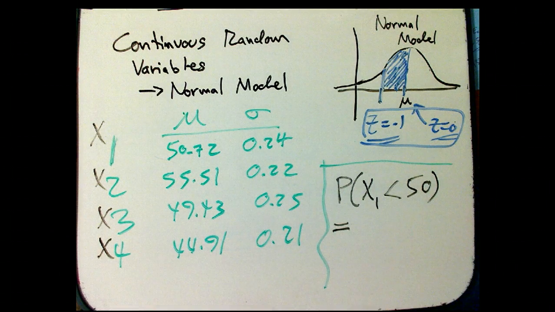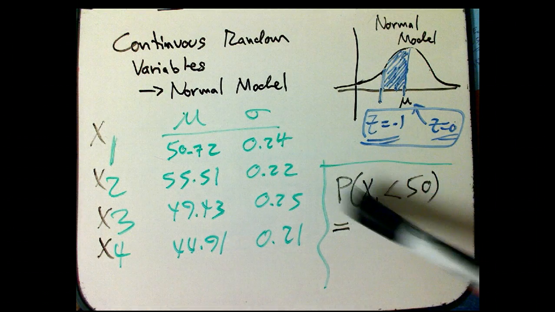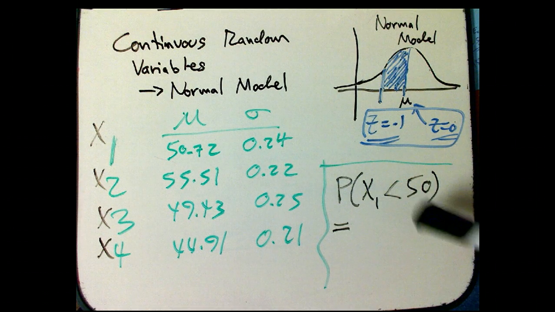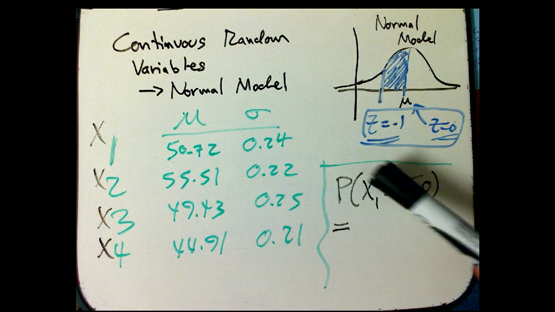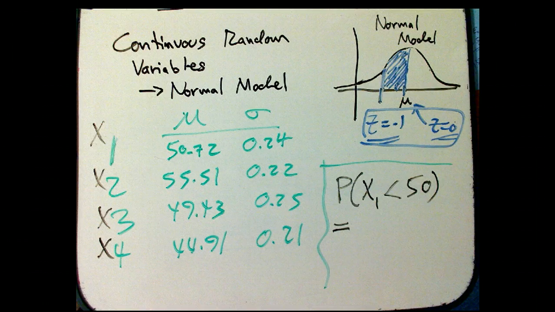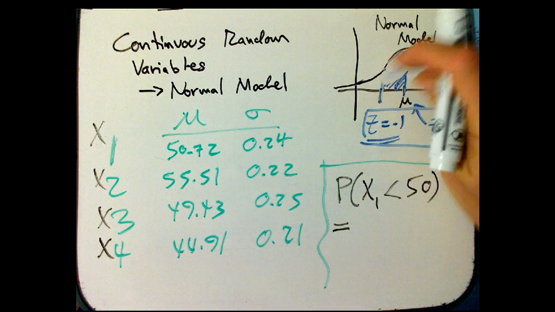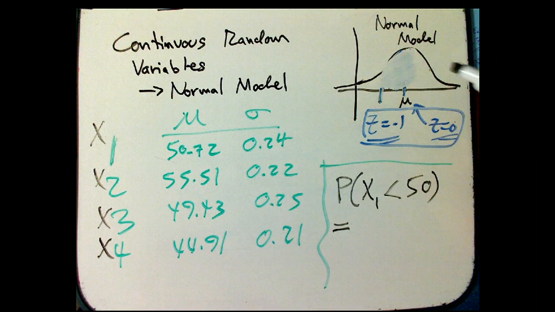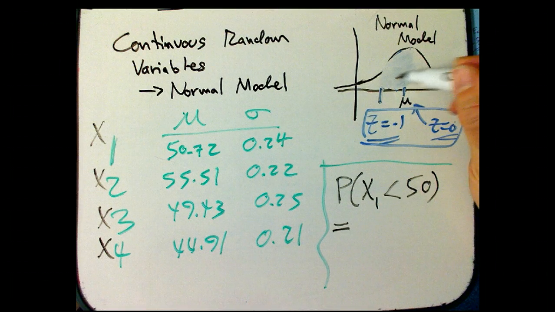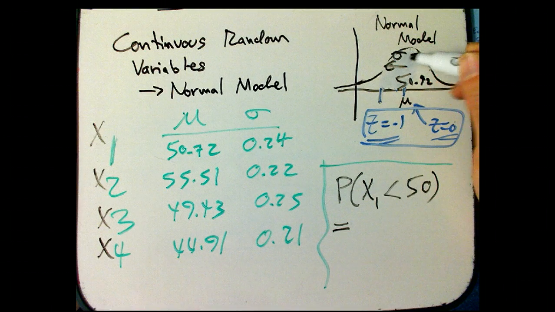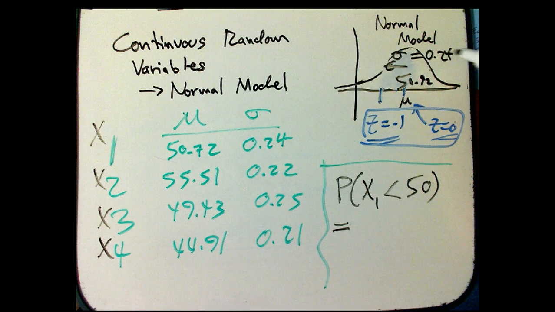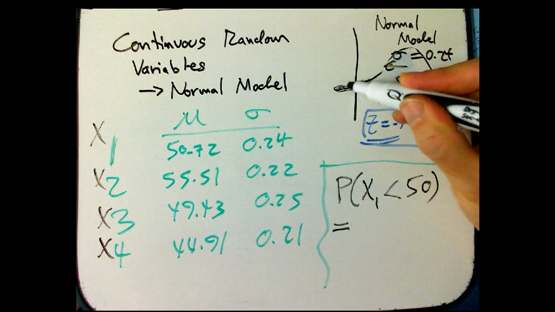Just want to remind you, that's really something we already know how to do. Even though it's couched in the language of probability and all that kind of thing, it's still the good old normal model. We can just think of it as the usual problem, where we've got something described by a normal model. The mu here is 50.72, and the sigma is 0.24, and we're out in this little tail here.